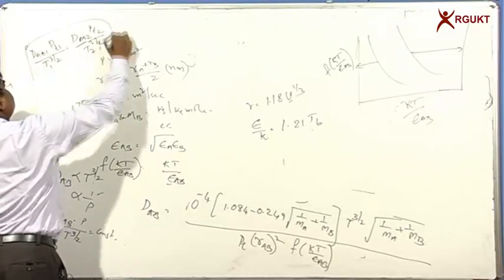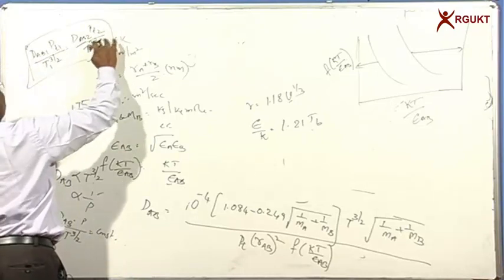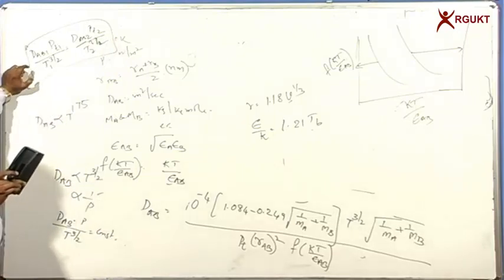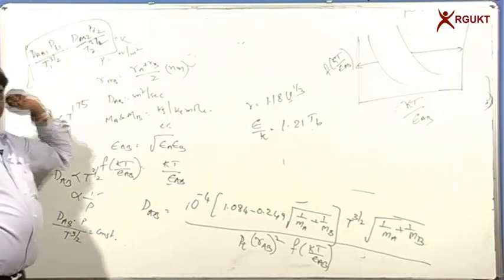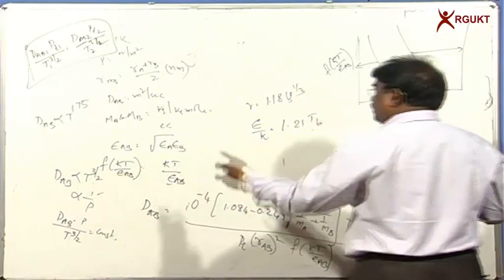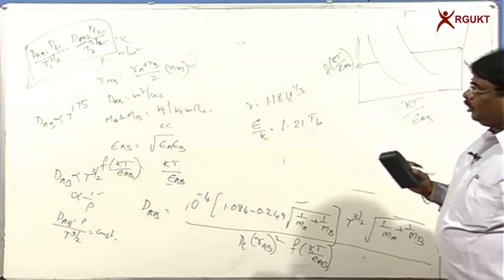So this is the expression one can use: if I know the diffusion coefficient at condition 1, I can calculate it at condition 2. This is generally what we use when solving problems.